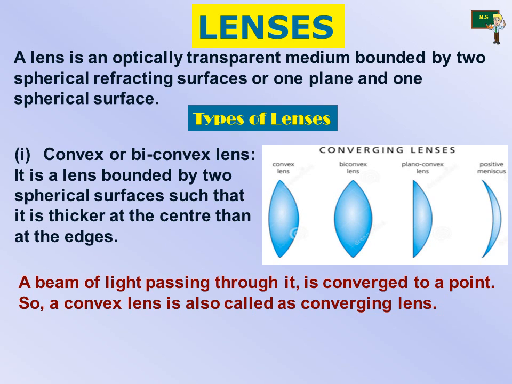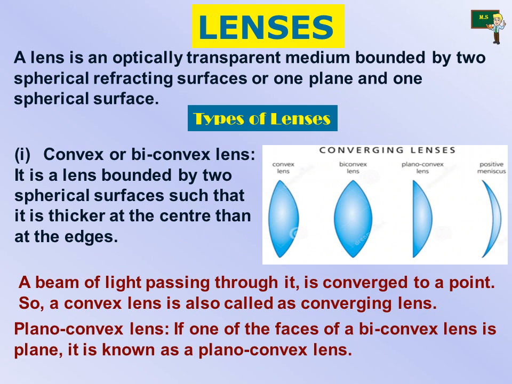That's a very, very important point. A beam of light passing through it is converged to a point. And if one of the faces of a biconvex lens is plane, then it is called a plano-convex lens.